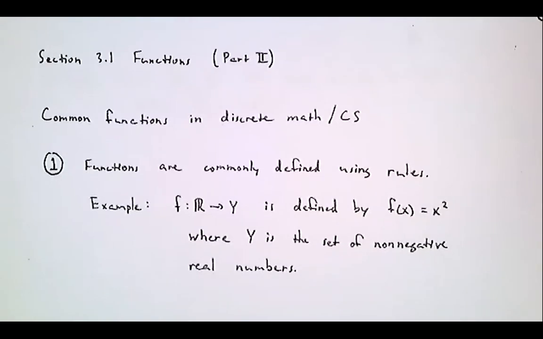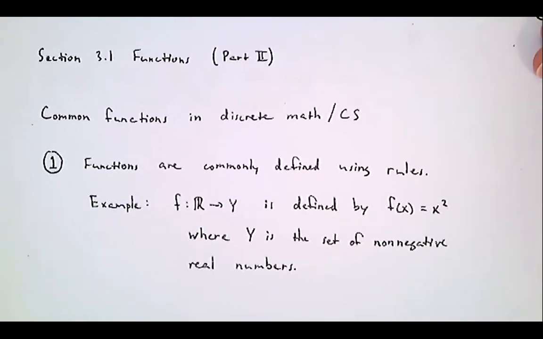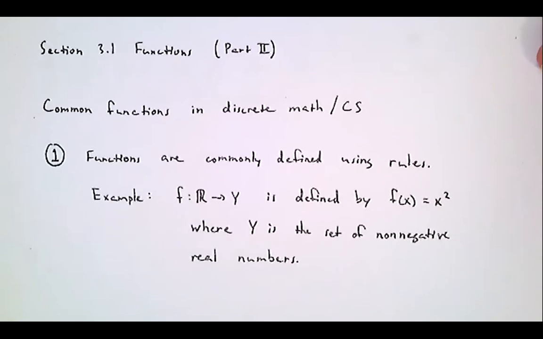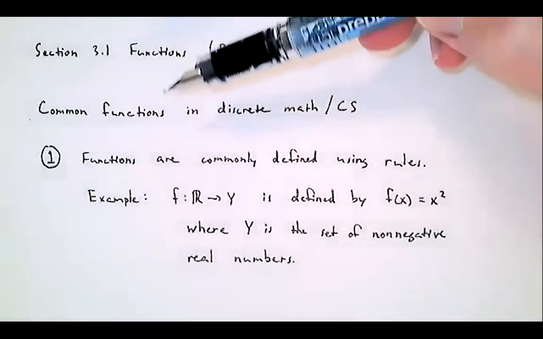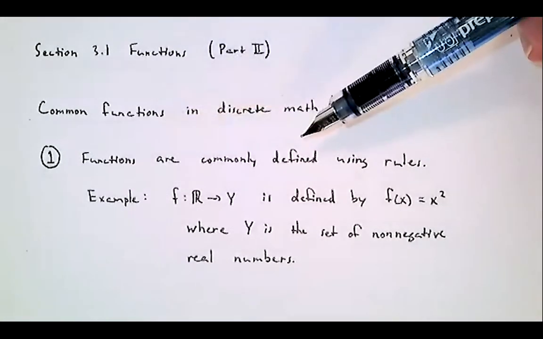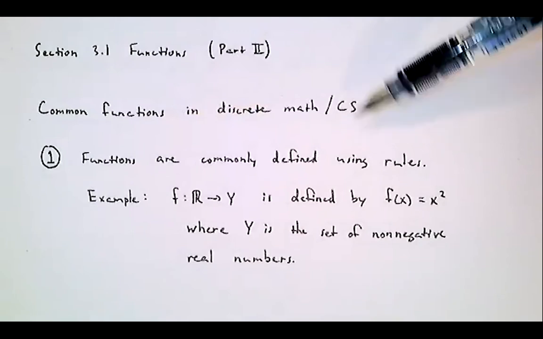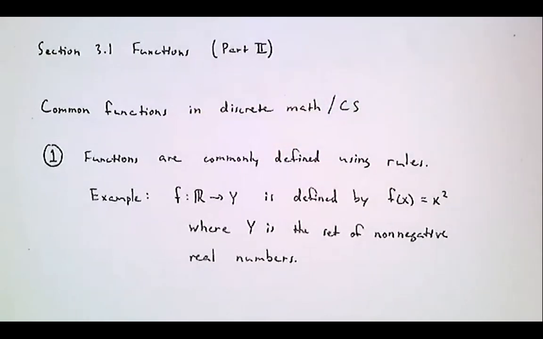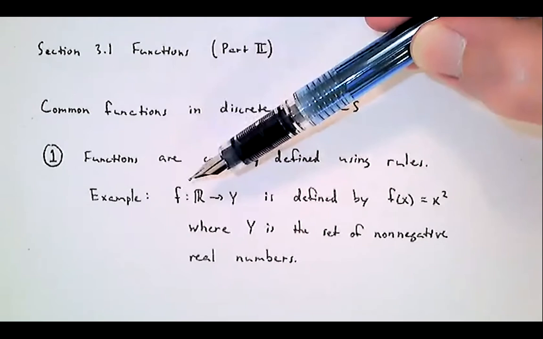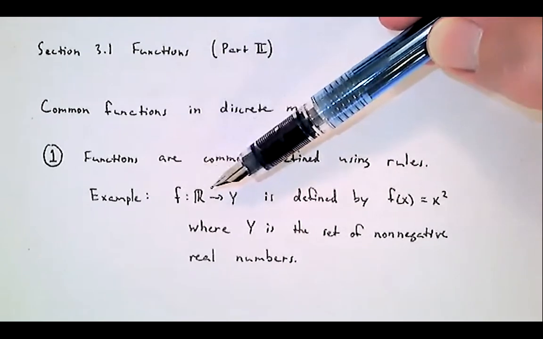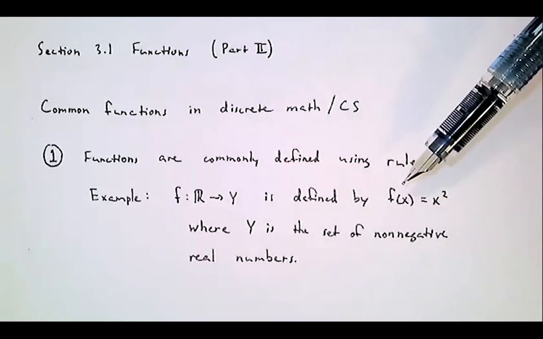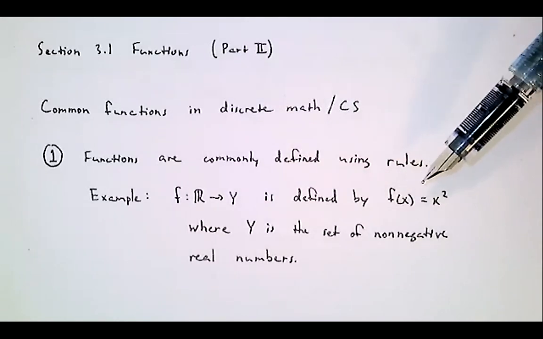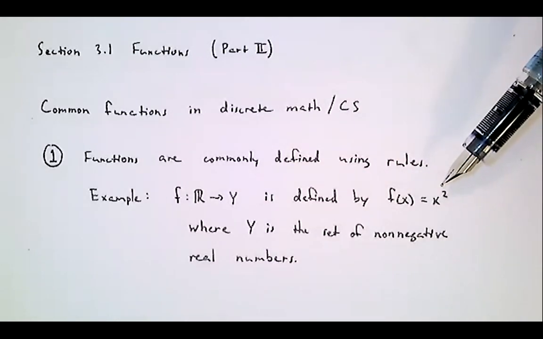So the first thing I want to do is relate back our set theory idea to the more common idea of thinking of functions defined using rules. And here's a quick little example. Here's a function f from the real numbers to a set Y, defined by this rule, f of x equals x squared.